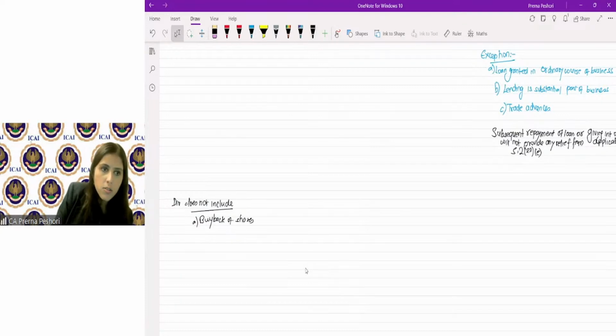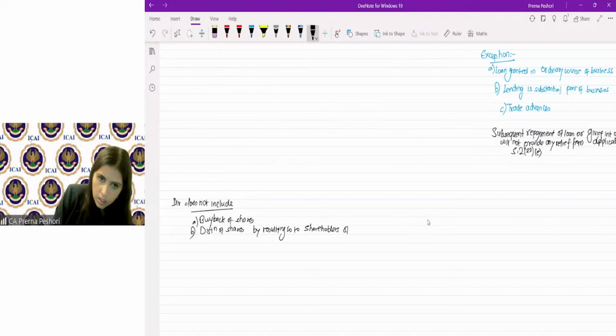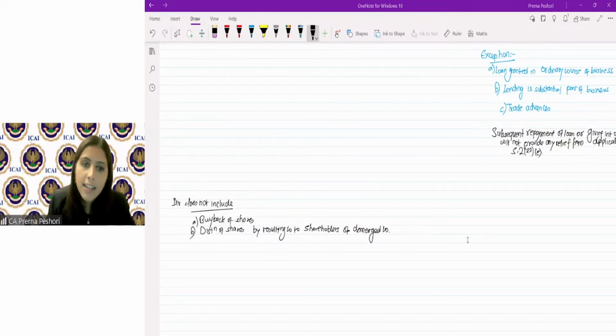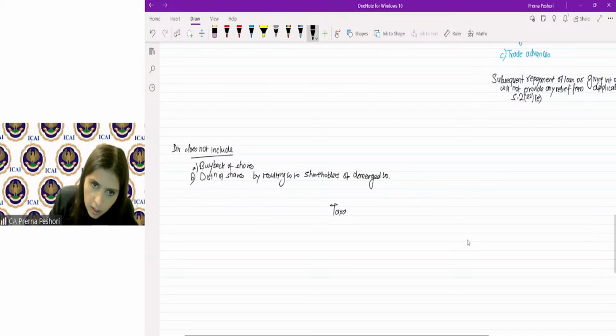So, buyback of shares is not included in the definition of dividend, or distribution of shares by resulting company to shareholders of demerged company. So, distribution of shares by the resulting company to the shareholders of demerged company is not considered as dividend.